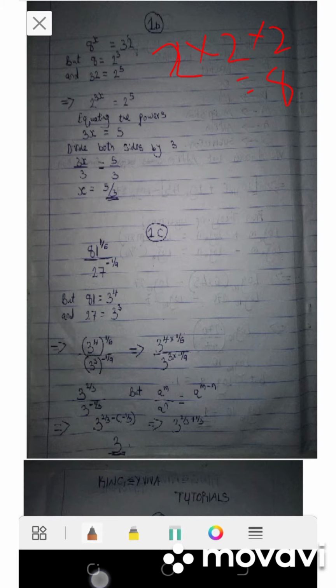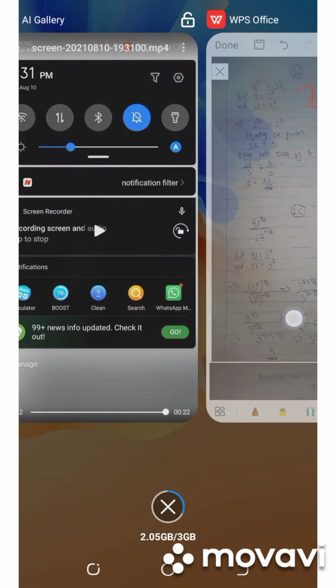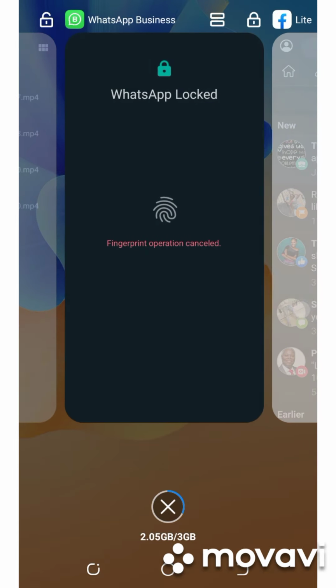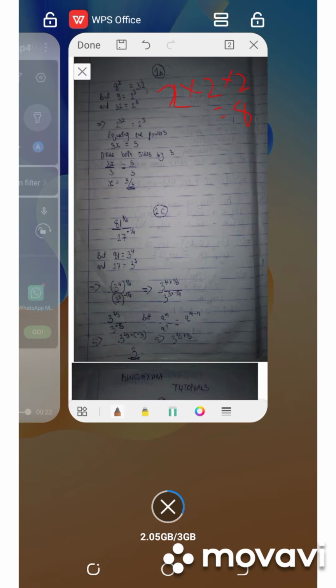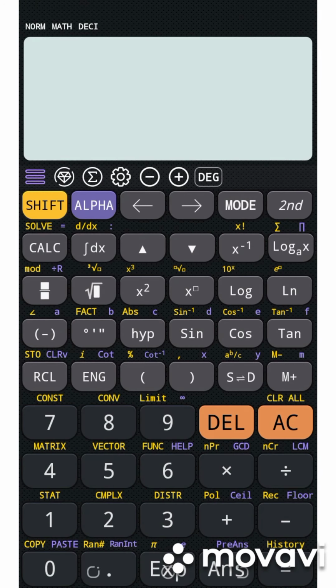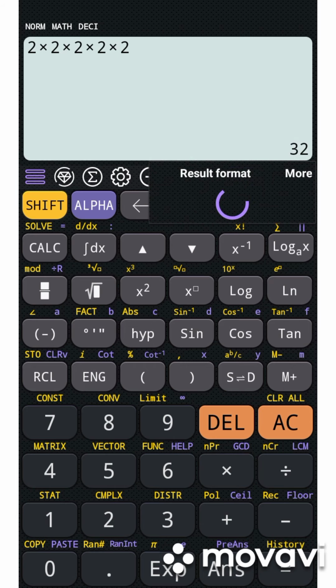When you do that with your calculator, 2 times 2 times 2 times 2 times 2 is 32.